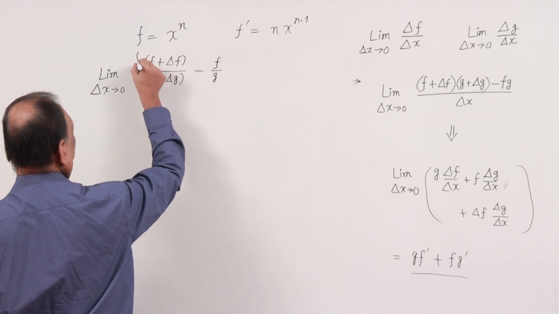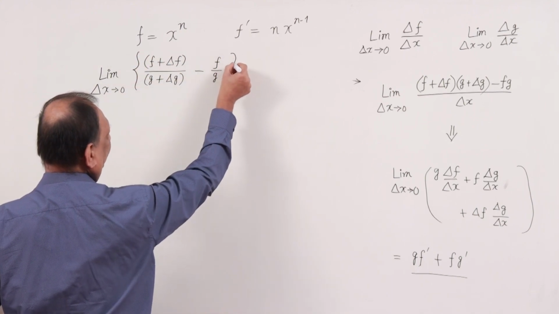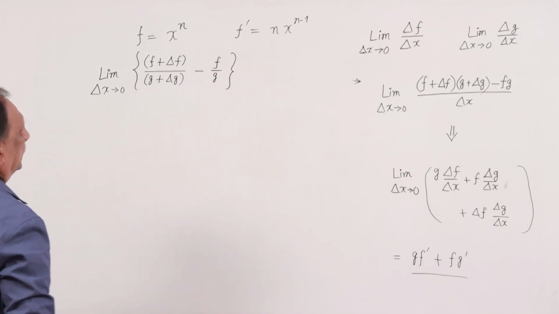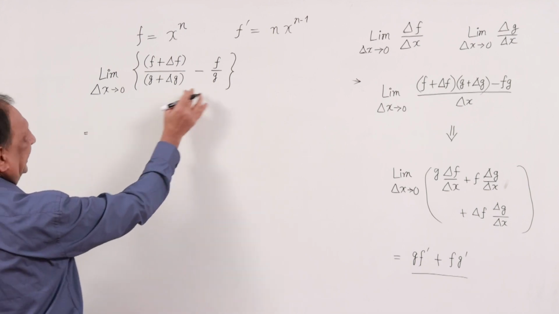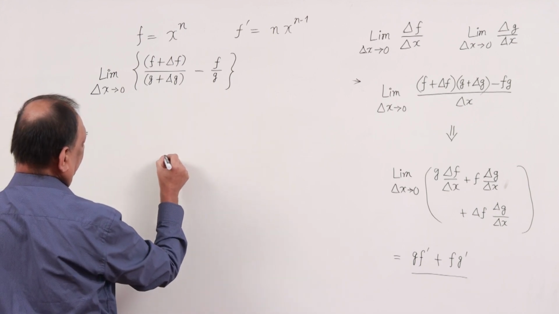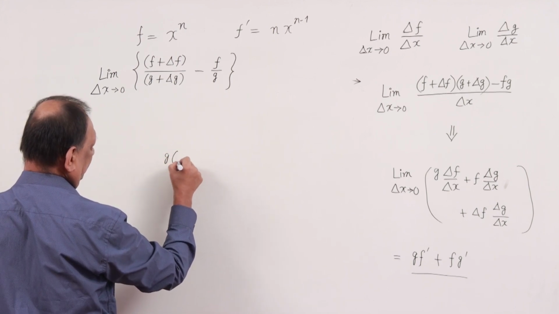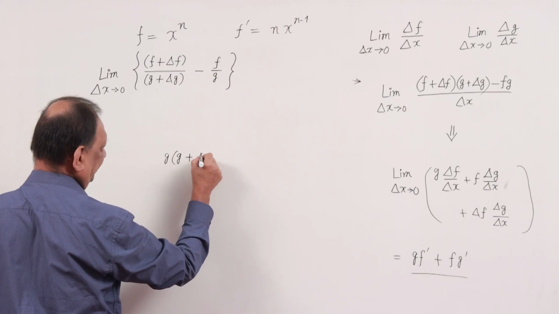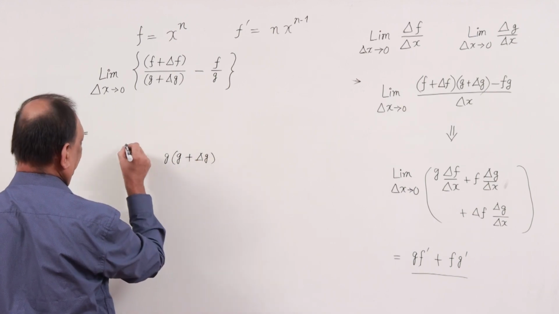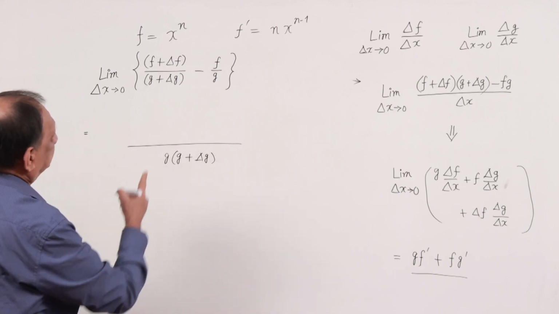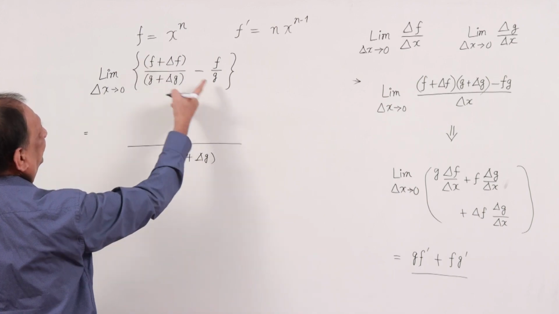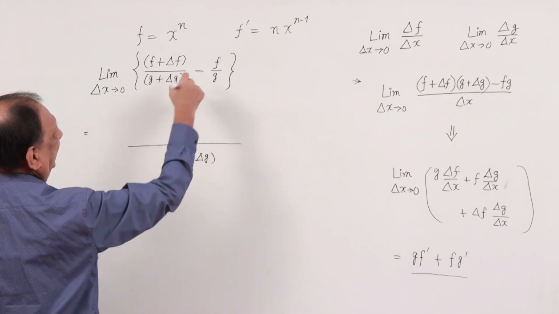So this would be the limit that we want to find. We can take the LCM. So we have g multiplied by g plus delta g. So this will be gf plus g delta f minus fg plus f delta g.